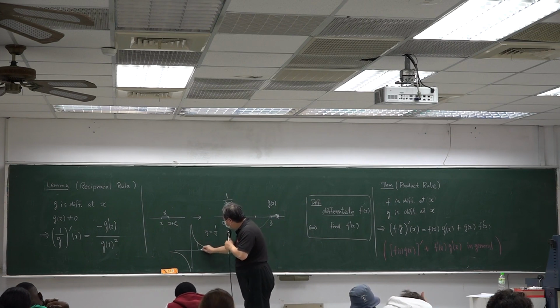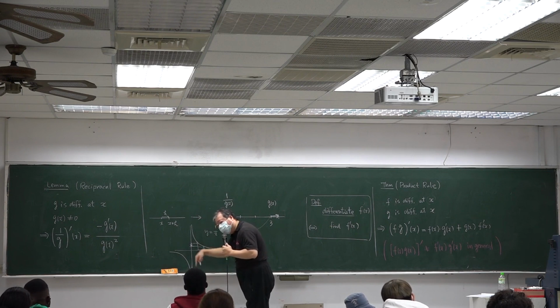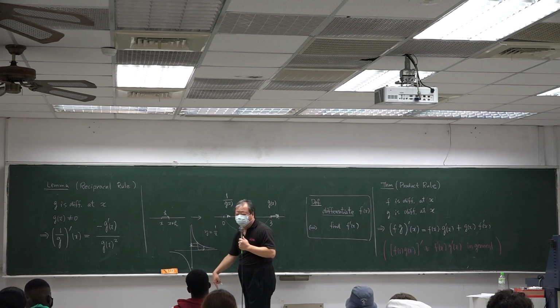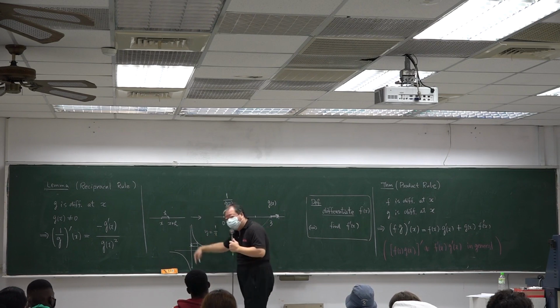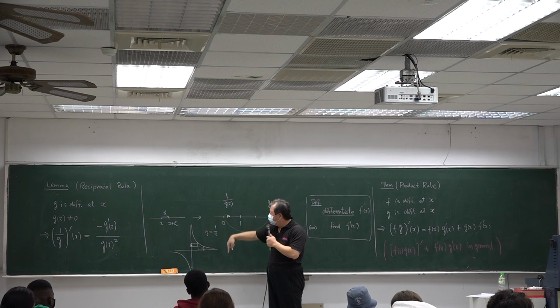If this one is to the right, then this one will go, how to say this, to the sky, to the floor. Okay, to the floor. To the sky means positive, to the floor means negative. No wonder.